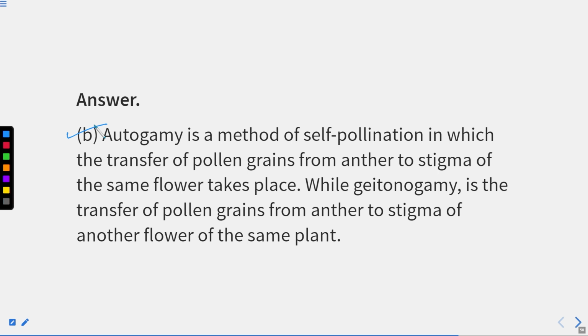Now autogamy is a method of self-pollination, this we already know, in which the transfer of pollen grains from anther to stigma of the same flower takes place. While in heterogamy, the transfer of pollen grains takes place from the anther to the stigma of another flower of the same plant. So there is a transfer of pollen grains from the anther to the stigma of another flower, but that flower is present on the same plant.